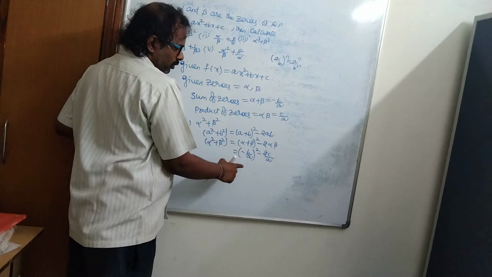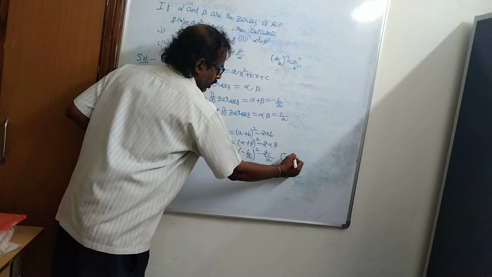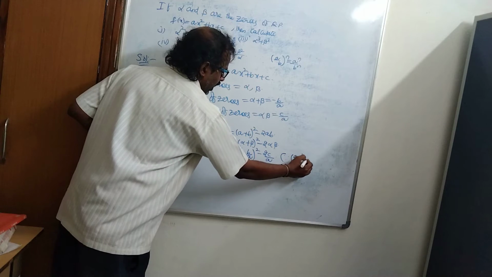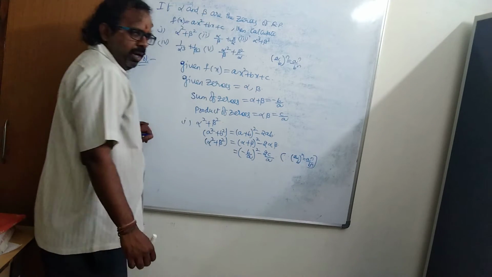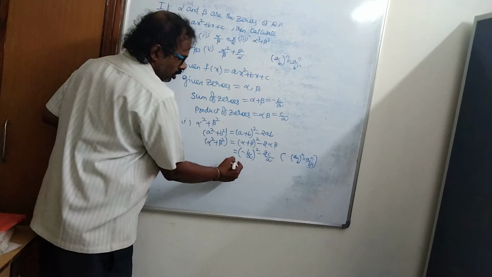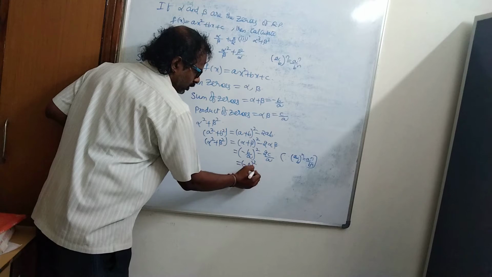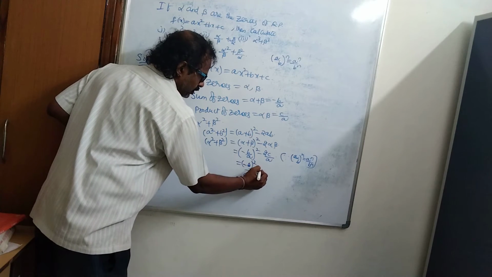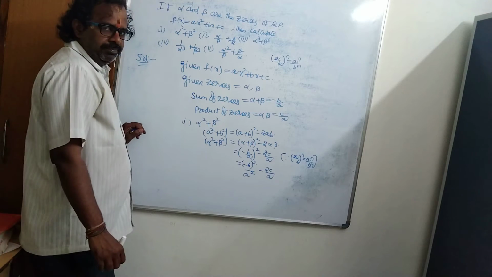The same formula we are applying here, so that is equal to minus b whole square by a square minus 2c by a.